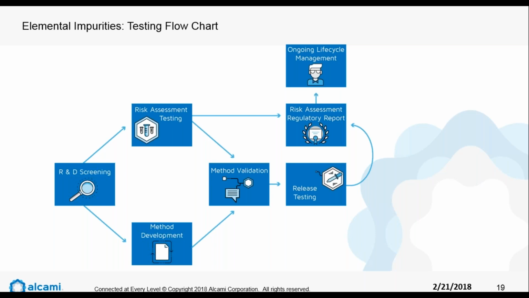Because we've assessed certain raw material suppliers and certain container closure systems, if any of that changes, if the API production changes, then all of those things need to be managed so that they can be assessed and determine if additional data needs to be collected to supplement the filing report.